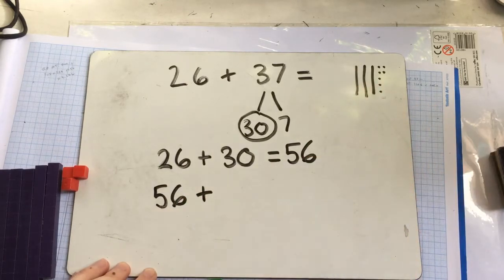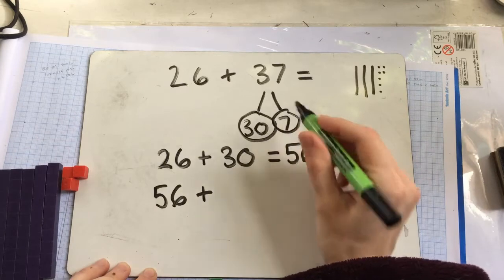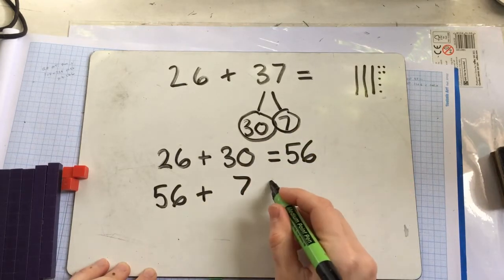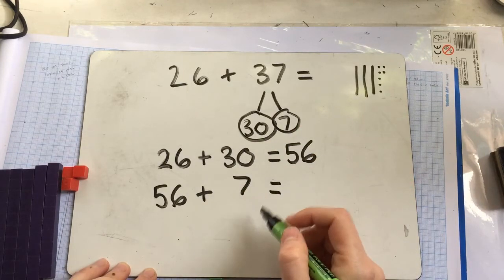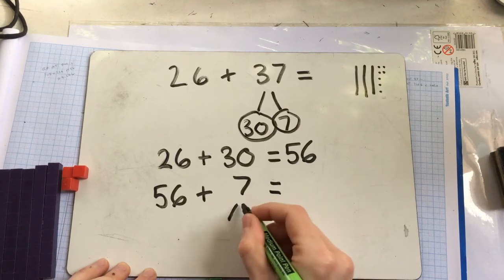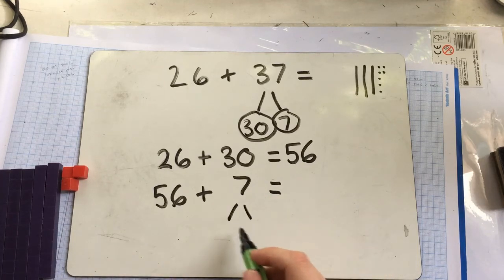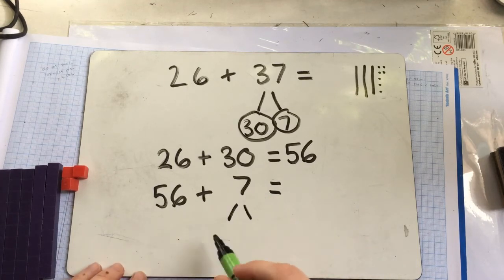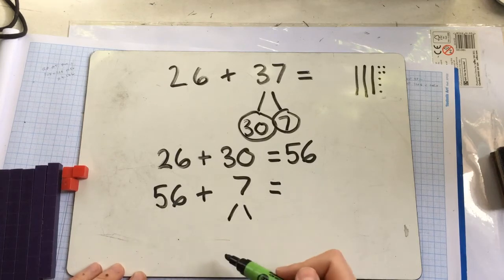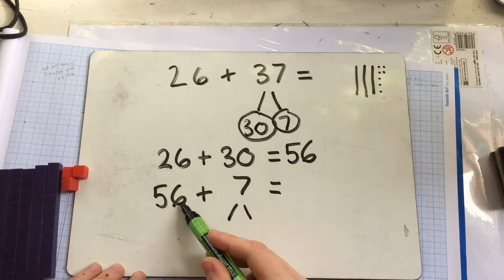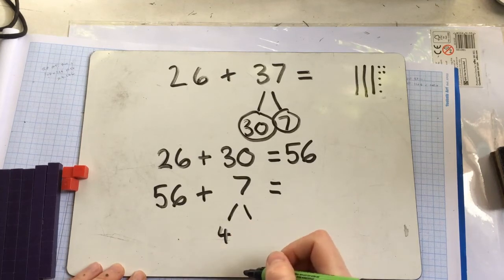And this time, because they've added the tens, they now need to focus on adding the ones. But just like before in that earlier step I showed you, they need to split the 7 in a way that helps them to find the answer efficiently. So I've got my 56. I know that 6 and 4 makes 10.